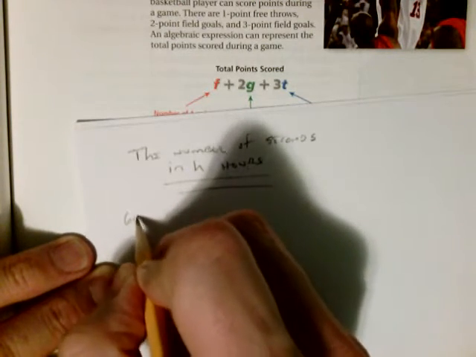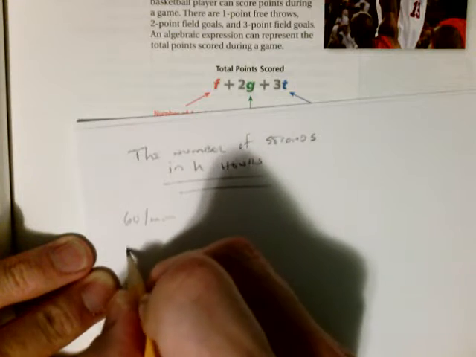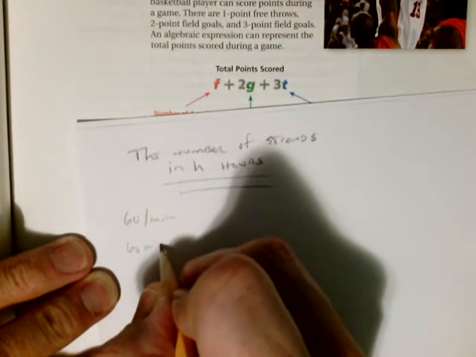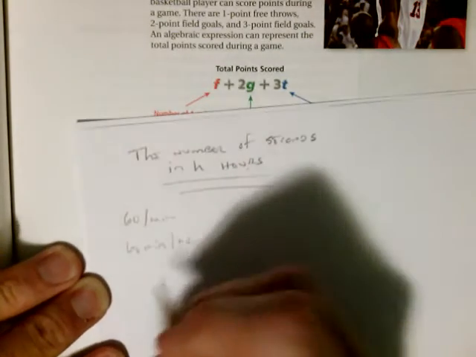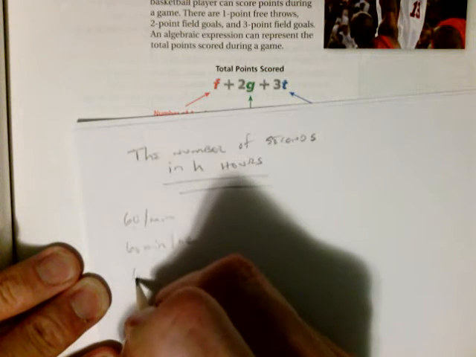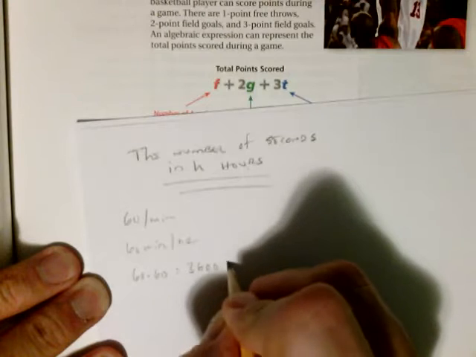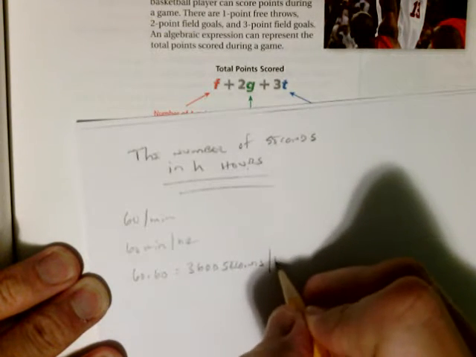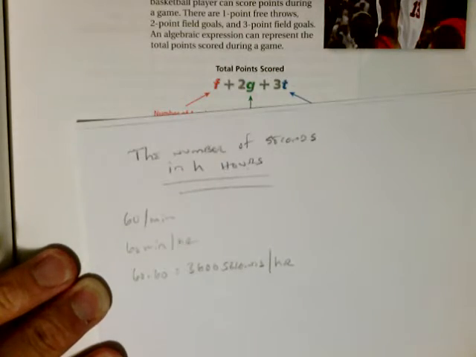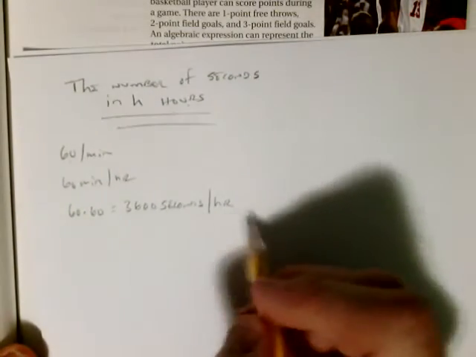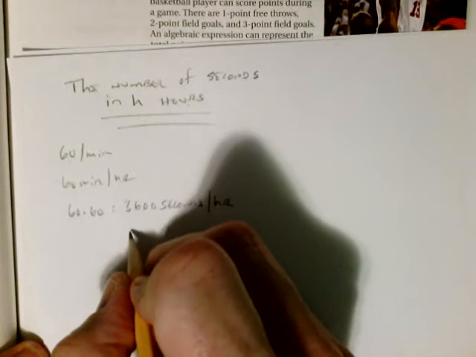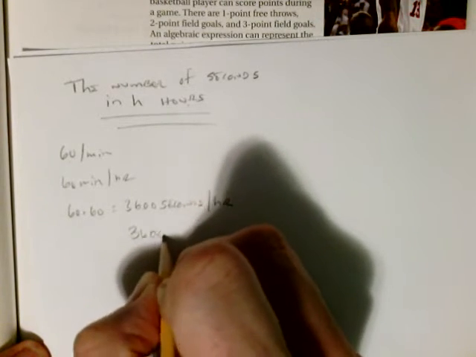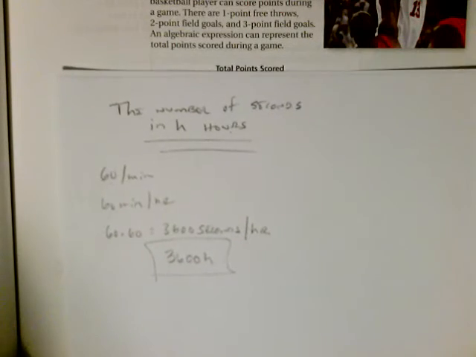Okay, 60 seconds per minute, 60 minutes per hour, 60 times 60, 3,600 seconds per hour. And that's in 1 hour. So if we want to know in H hours, we're going to multiply 3,600 times H.